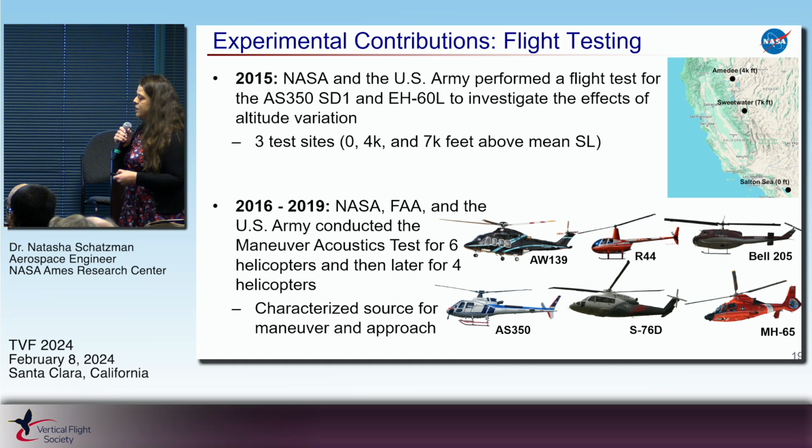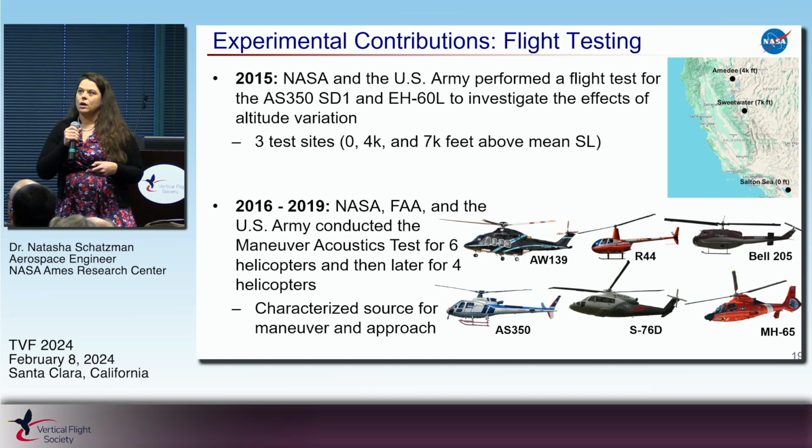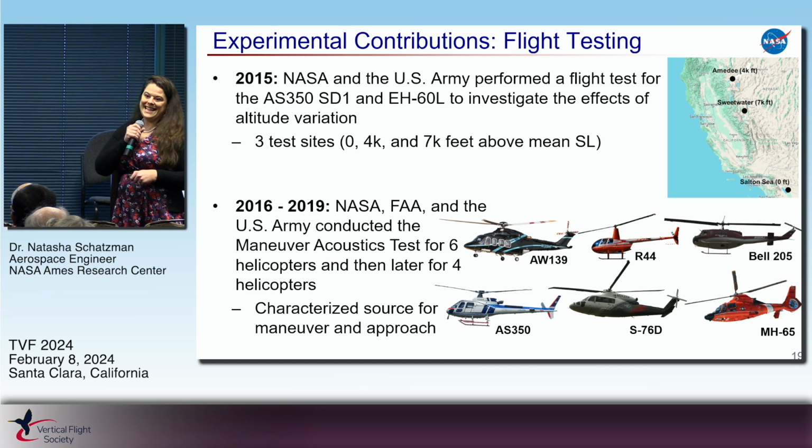Continuing on, in 2015, NASA and the Army performed a flight test for various helicopters to investigate the effect of altitude on acoustics. They tested it on the West Coast, one at Salton Sea at 0 feet, then at Amadine at 4,000 feet, and at Sweetwater at 7,000 feet, so 3 different test sites.